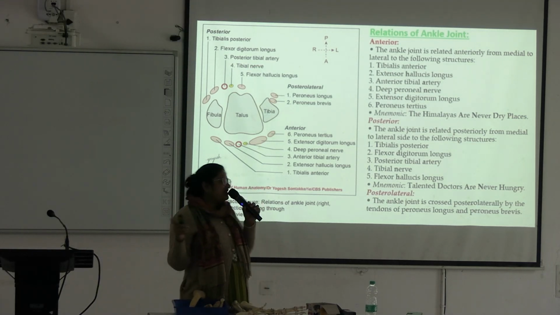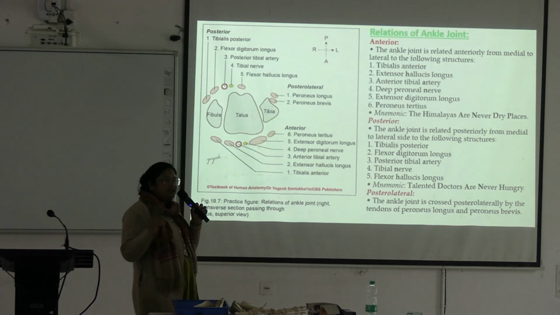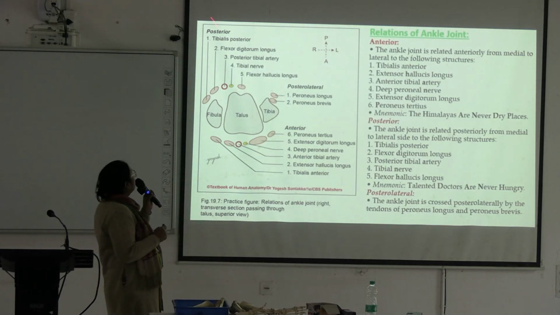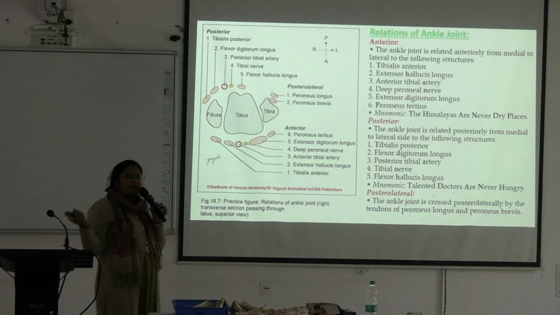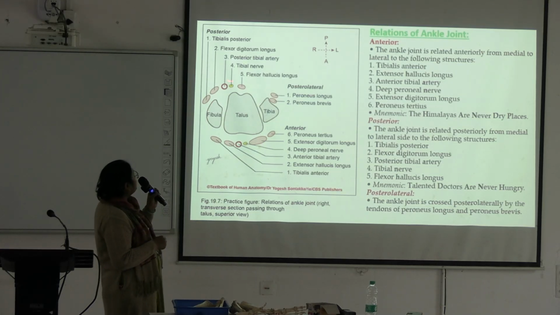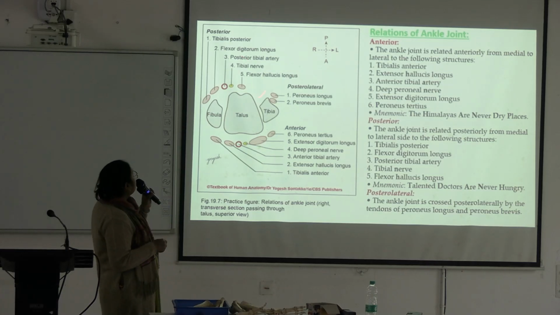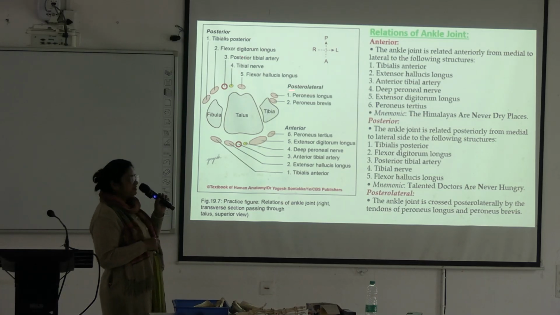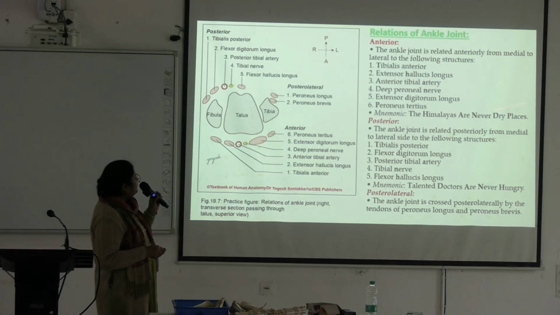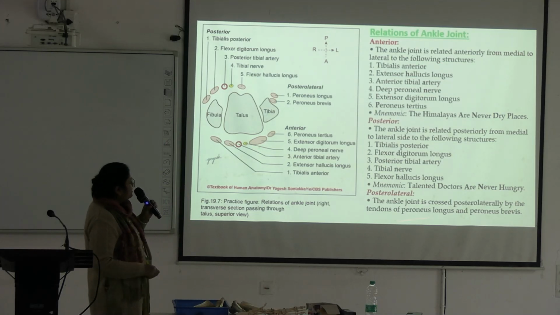Tiktiki is the tibialis posterior. Dim is the flexor digitorum longus. Bhenge ami bhai is artery with venae comitantes. Nakal is nerve, tibial nerve. Holam is flexor hallucis longus. So you can remember it like this, and this mnemonic also you can remember.